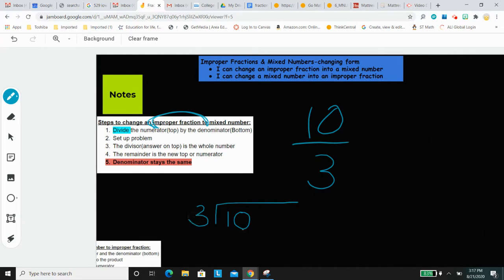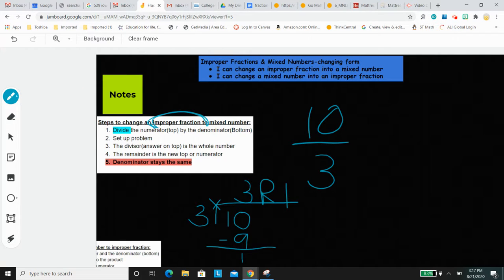3 goes into 10 3 times. So 3 times 3 is 9. I'm going to subtract the 9 and I get 1 left. Now, I'm not going to put a decimal or have anything else there. This is like 3 remainder 1.